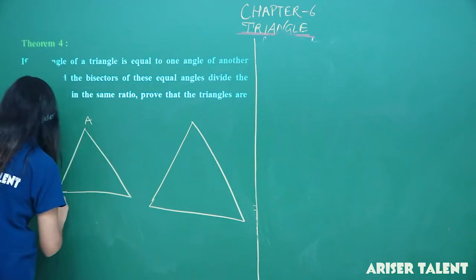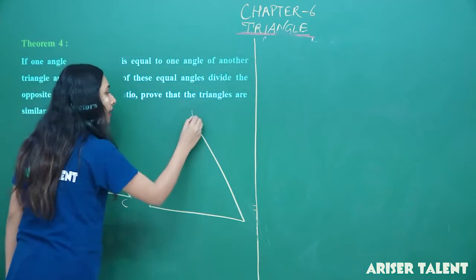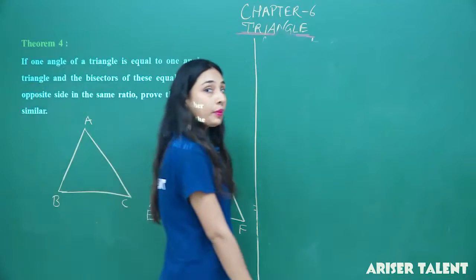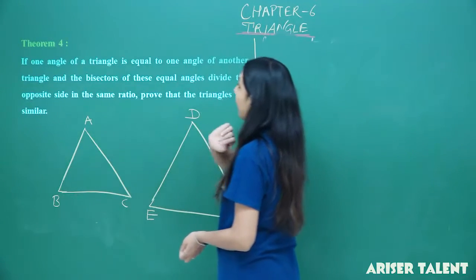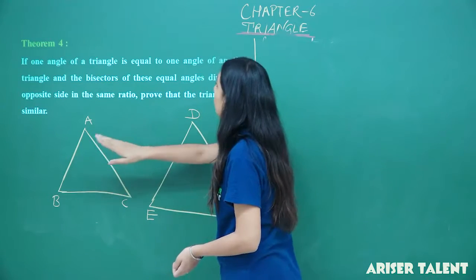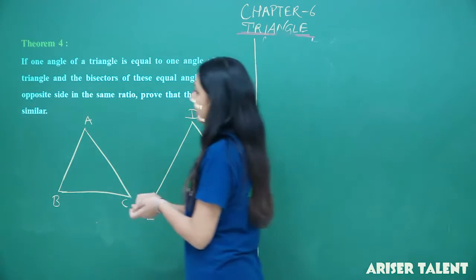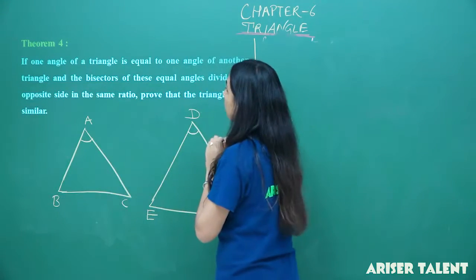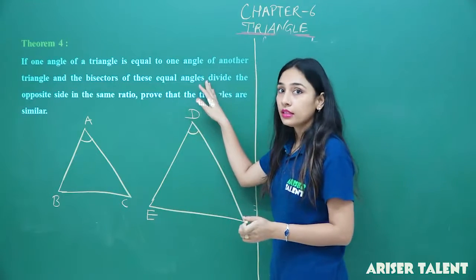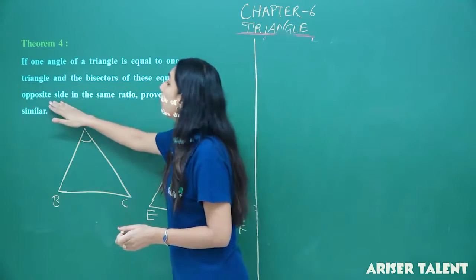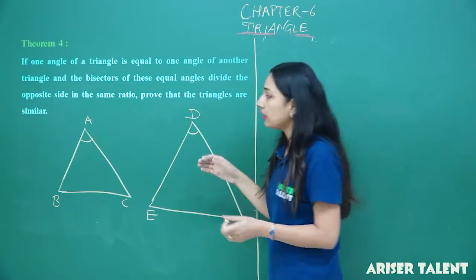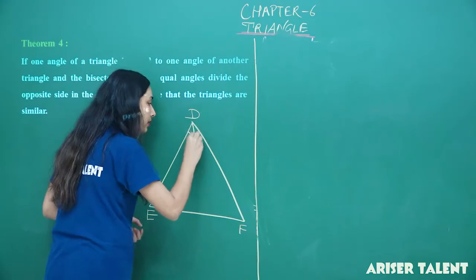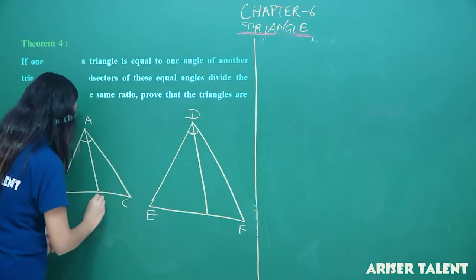Say, write A, B, C, D, E, F. Okay, students, so if one angle of a triangle is equals to one angle of another triangle, so let us say that we are having this angle equals to angle D, and the bisectors of these equal angles divide the opposite side, bisector of these.